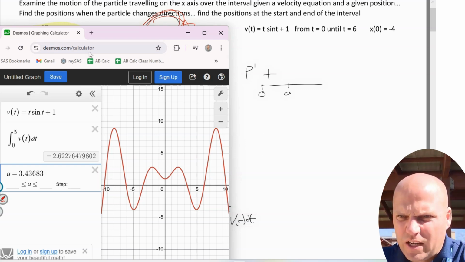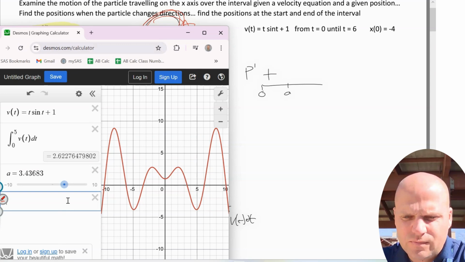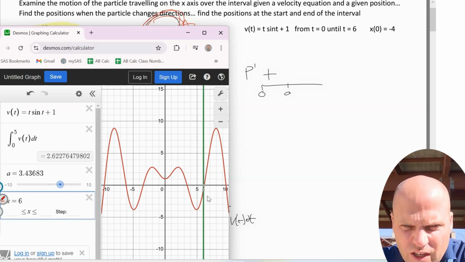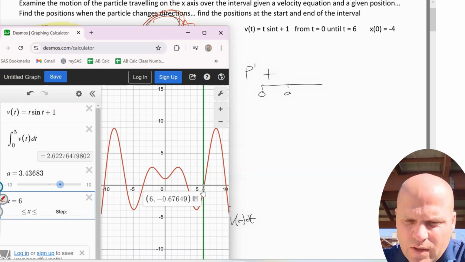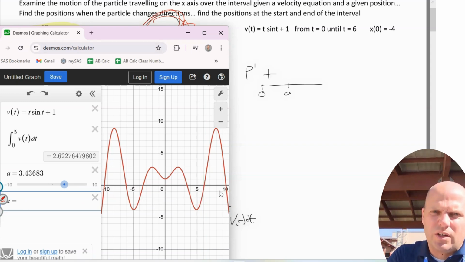If you want to double check, you can plug in x equals 6. You can see, okay, your derivative is negative until 6. Good.